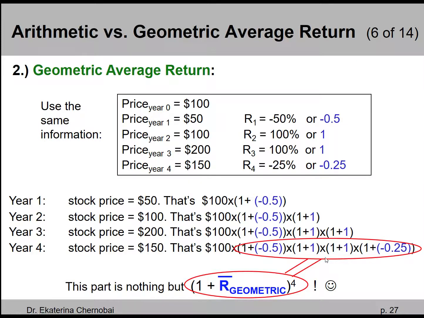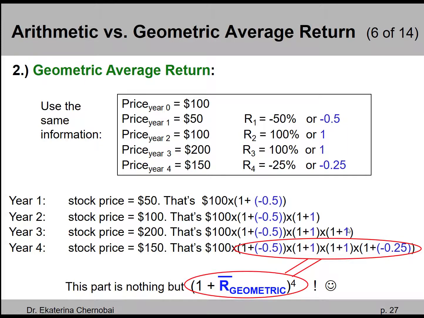The same for each year. That would result in $150 investment value at the end of year 4. That's the geometric average return. So if the return is forced to be the same every year, then we don't need to have those 4 multiplication terms. We can have it only once and add the power 4, right?